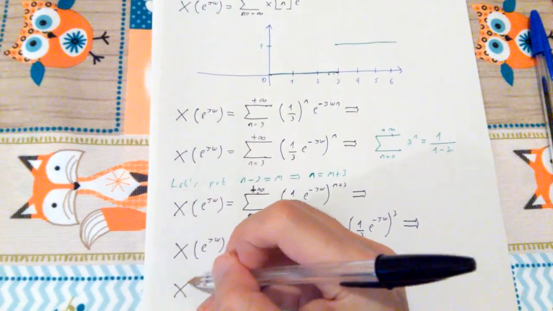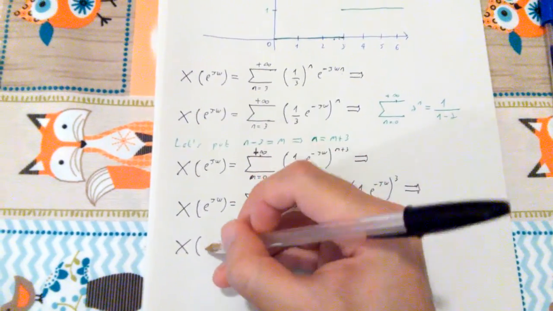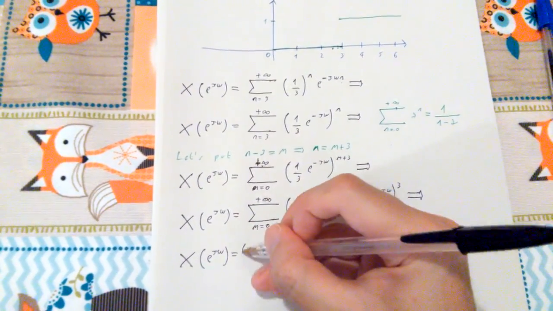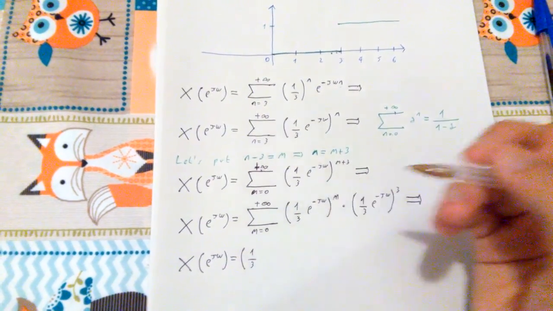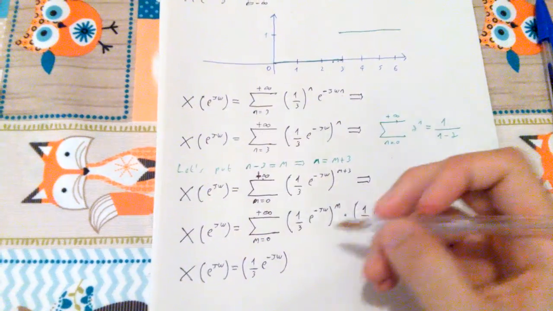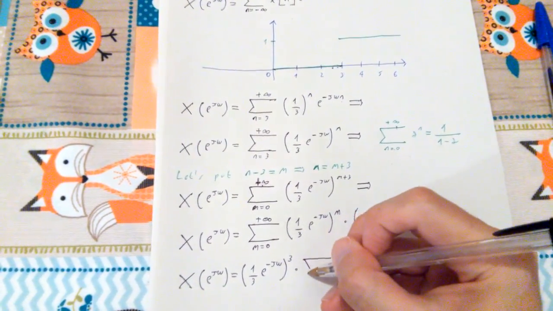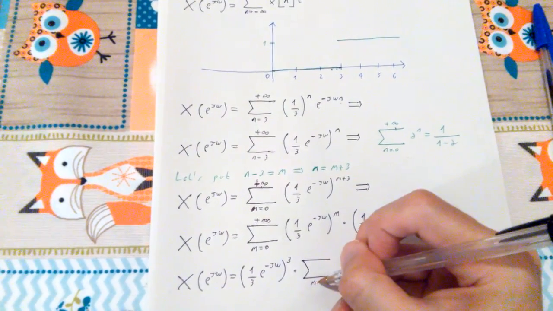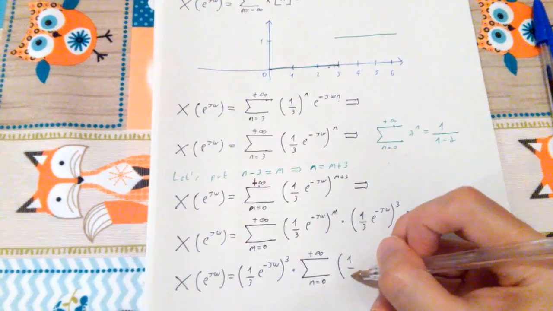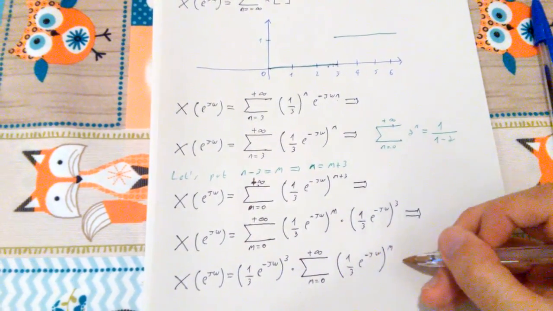So we get X of e to the j omega equal to 1 over 3 e to the negative j omega raised to the power of 3, times the sum of m that goes from 0 to positive infinity of 1 over 3 e to the negative j omega, all raised to the power of m.